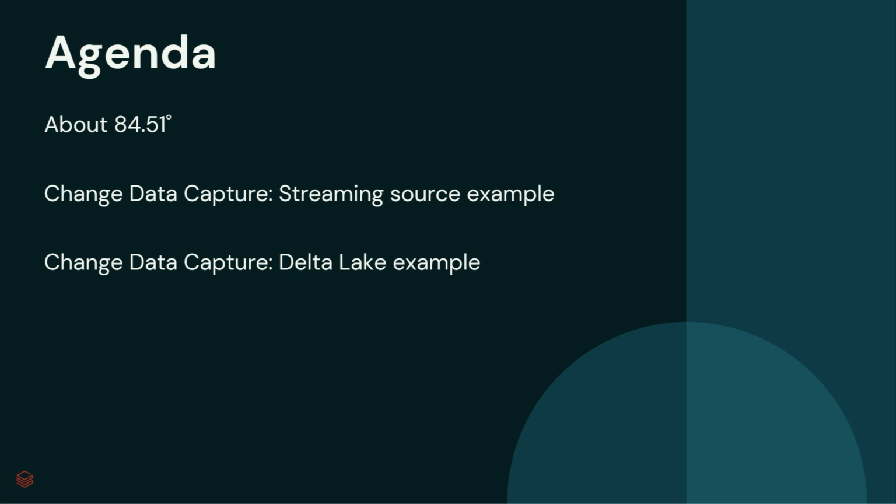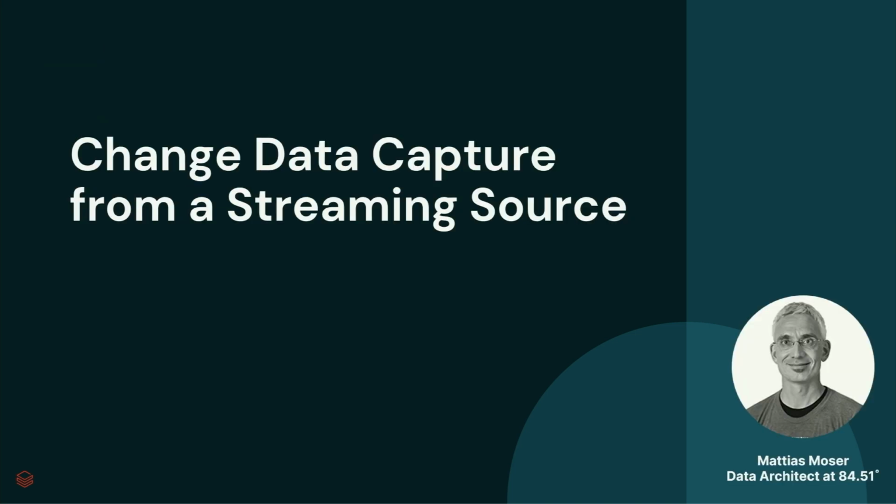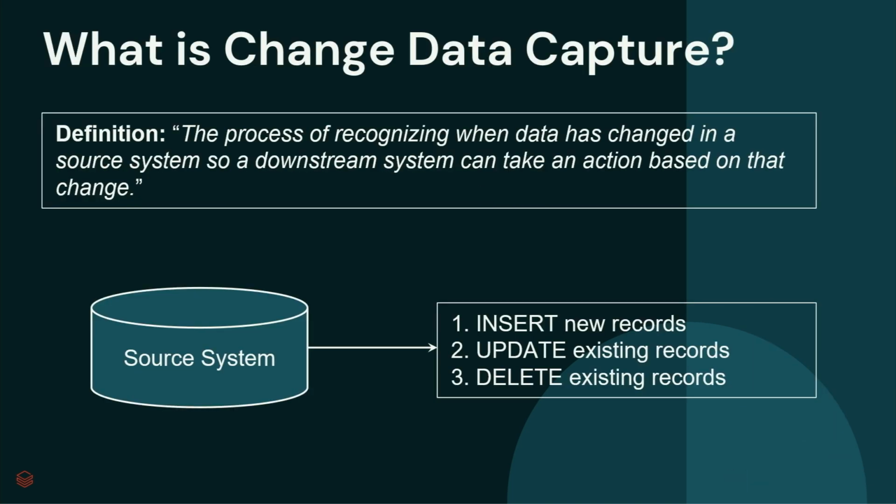Perfect. So I will start talking about change data capture from a streaming source and illustrate that with an example from our work. So what is change data capture? Here's a definition. Change data capture is the process of recognizing when data has changed in the source system so that a downstream system can take an action based on that change.